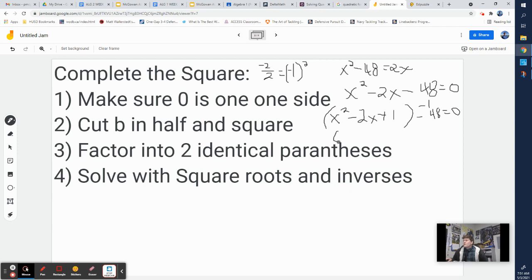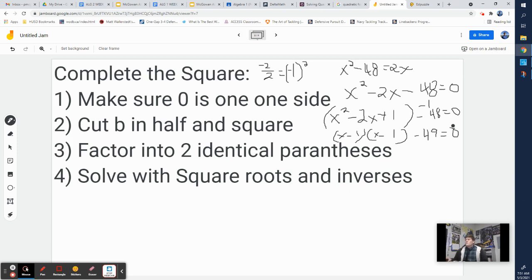Now I'm going to have my parentheses, x minus 1 times x minus 1 minus 49 equals 0. Solve with square roots and inverses.